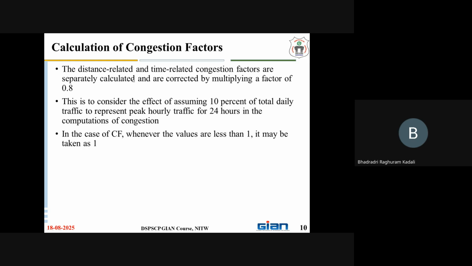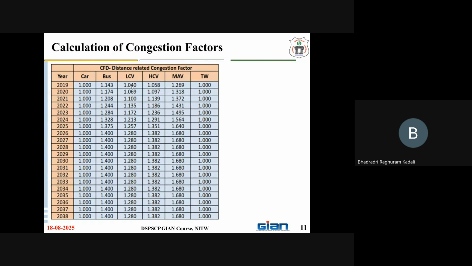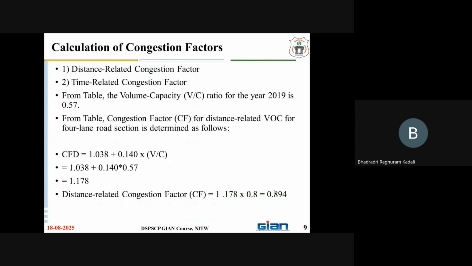Whenever the value is less than 1, it may be considered as 1. If it is more than 1, we have the correction factors respective to that actually. So this is the correction, the distance based congestion factor corrected values respective to the distance based correction factors. Whatever we have estimated, like 0.894, which is less than 1, we are going to consider as 1.